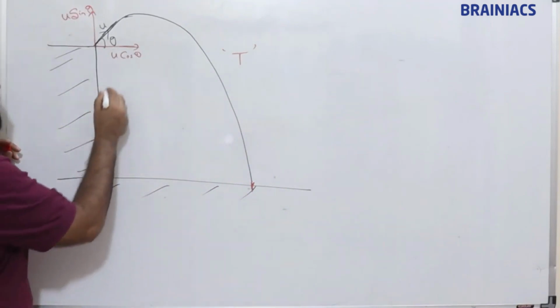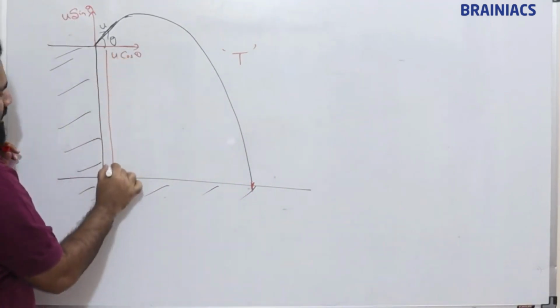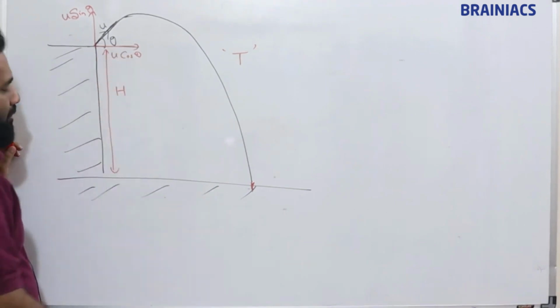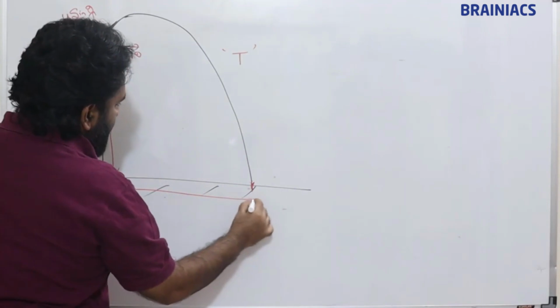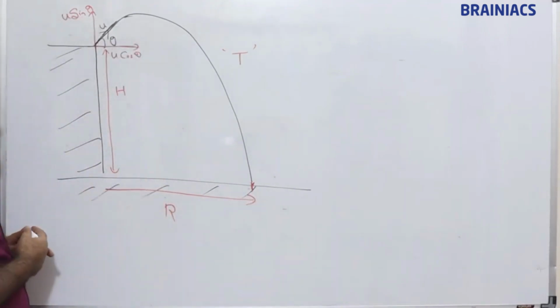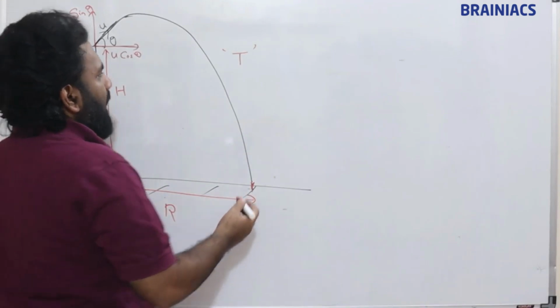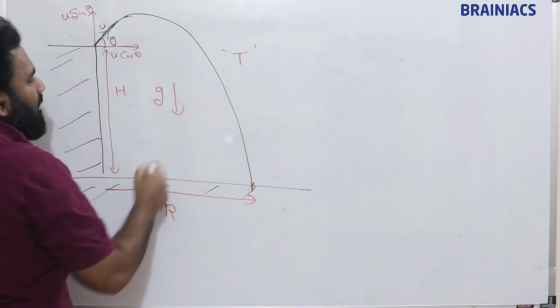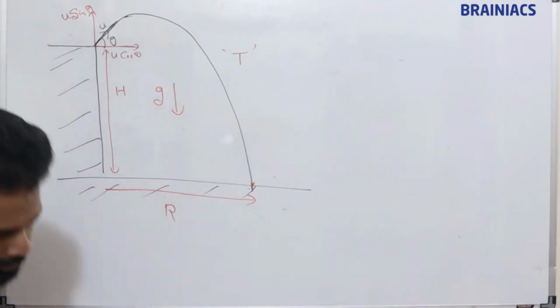Suppose this is the height of the tower, h, and this is the range R, that is, the horizontal displacement. Now obviously g is acting in the downward direction.